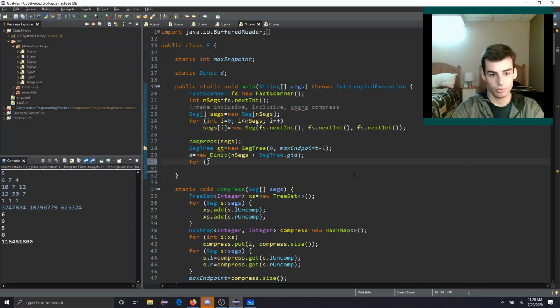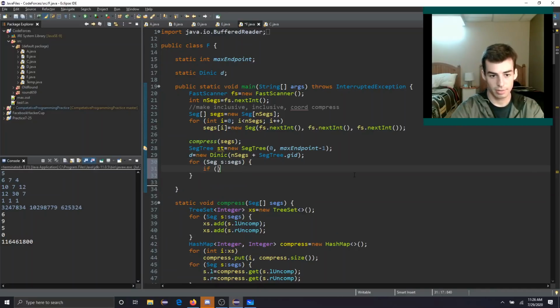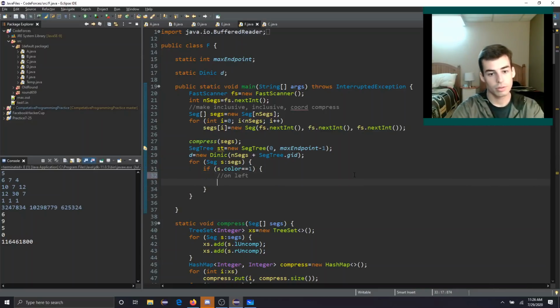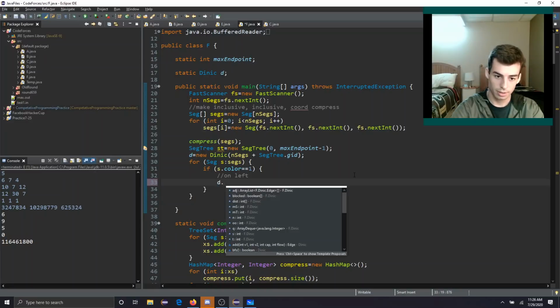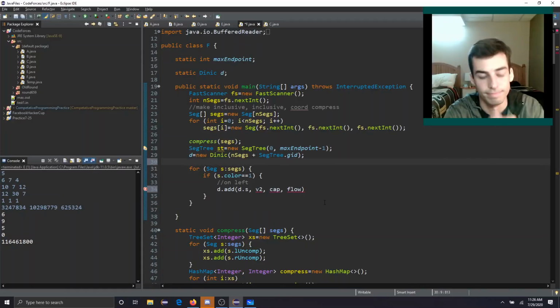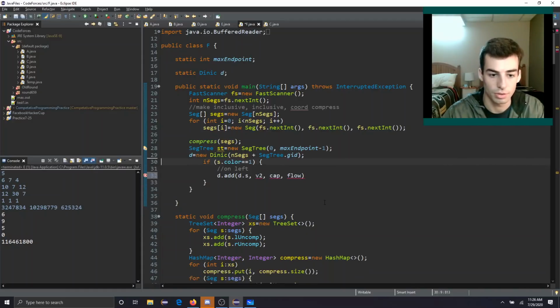Now for seg s and segs, if s dot color is equal to 1, then on the left, so now d dot add edge from d dot source to all of these things. Okay, this is the tricky part. Oh no, to, yeah, this doesn't work.